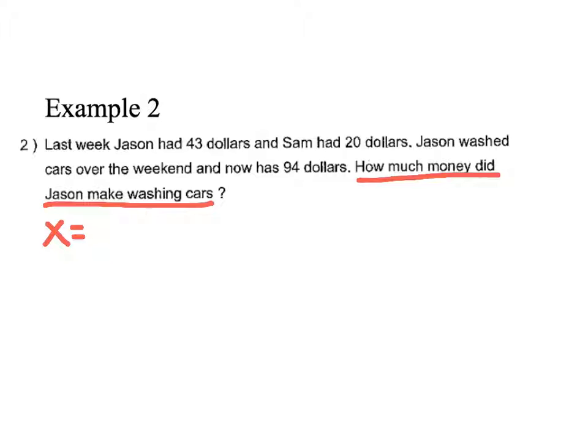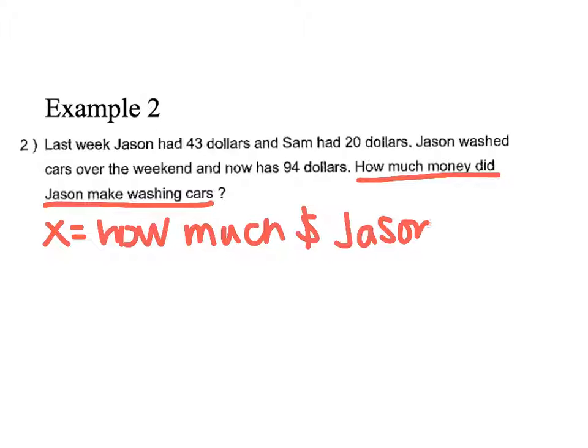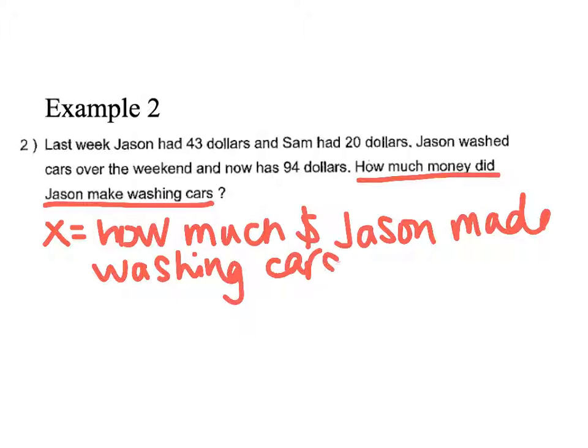So X would be how much money, or the amount of money, how much money Jason made washing cars. That's what we're solving for, so that's our variable.